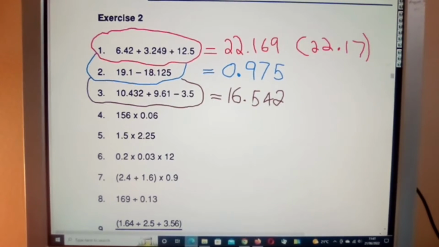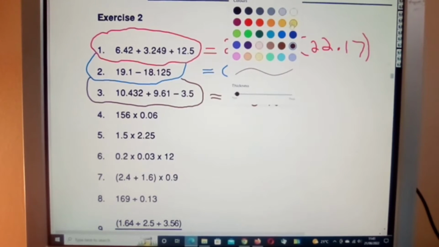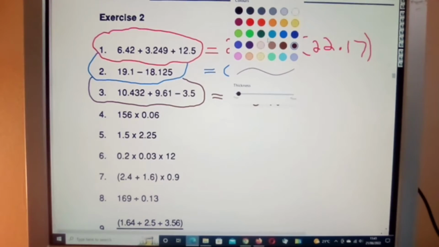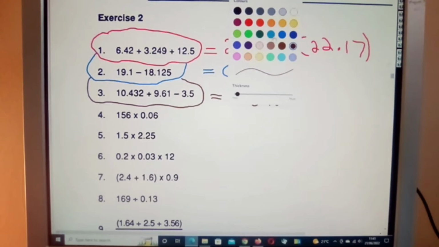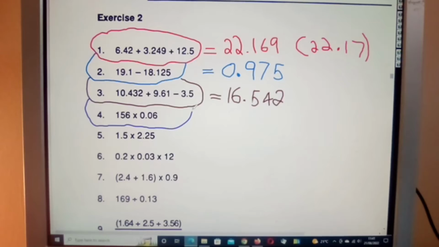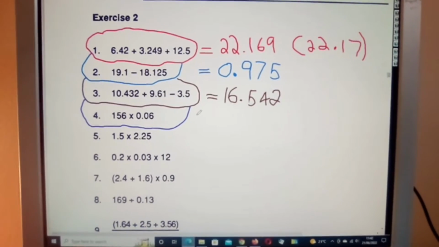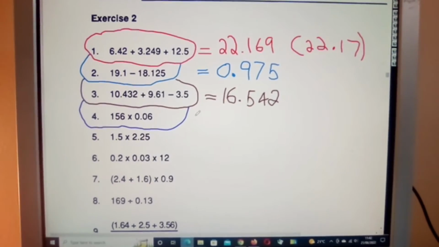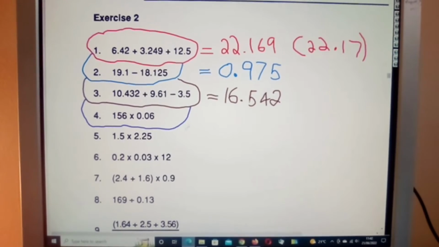Now let's do the next one. We're going to do question 4. And this is a multiplication.